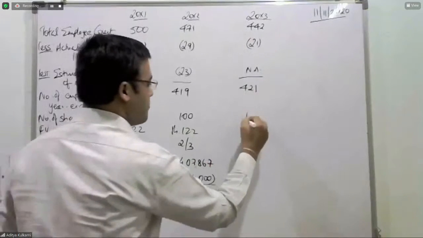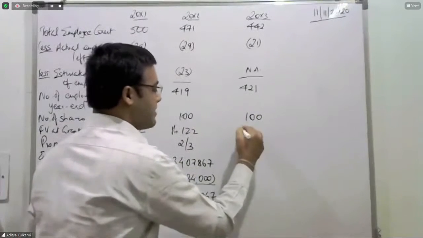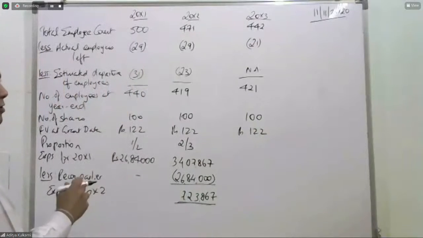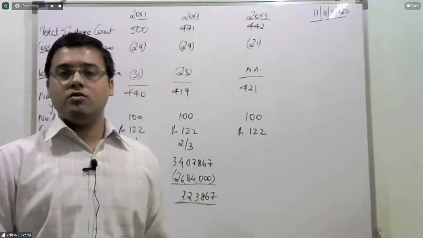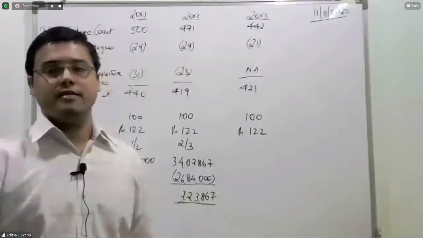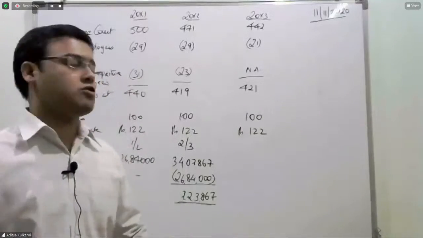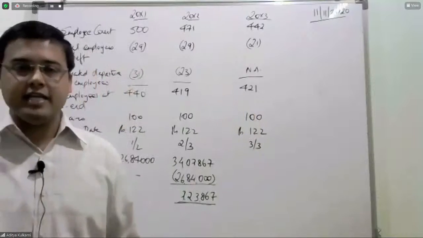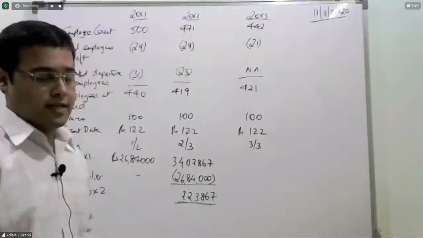What is your number of shares? 100 shares. Fair value at the grant date is rupees 122. And the proportion of expense: what is the vesting period now? It is fixed at 3 years. So now at the end of the third year, all the expenses should be charged. So this will be 3/3, the entire proportion, because 3 years is your vesting period.